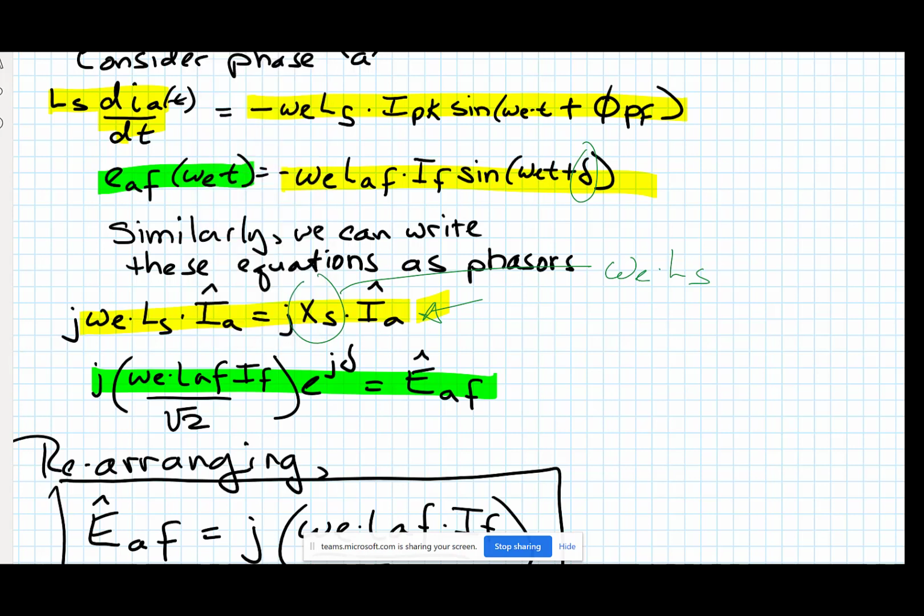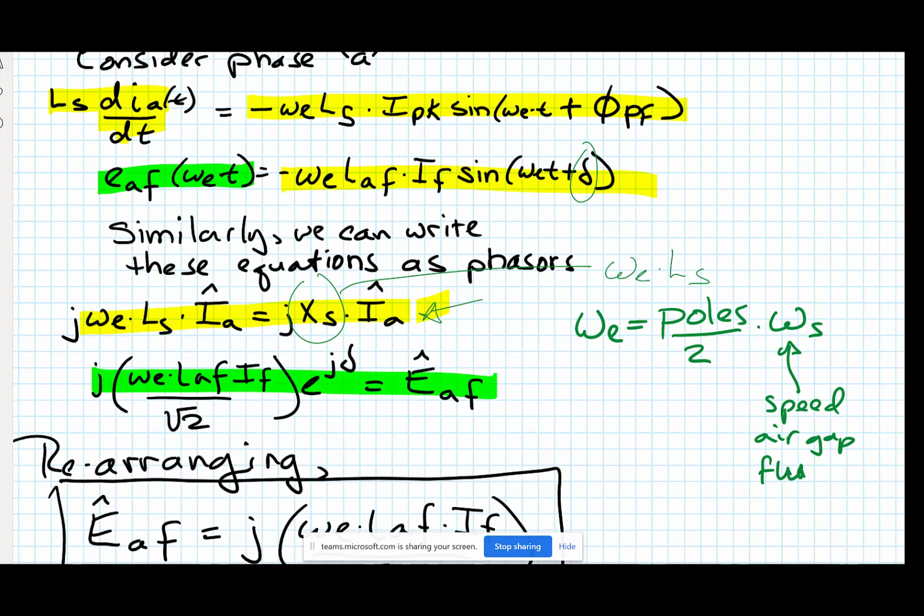Now in the last lecture, we introduced a relationship between the electrical frequency and what we call the synchronous frequency. It's the number of poles of the machine divided by 2, so that's pole pairs, times the synchronous speed. And the synchronous speed is the speed of the air gap flux.